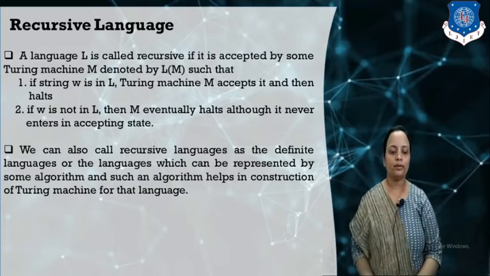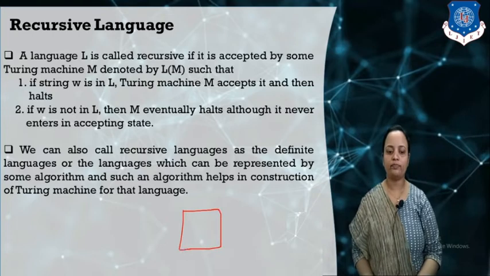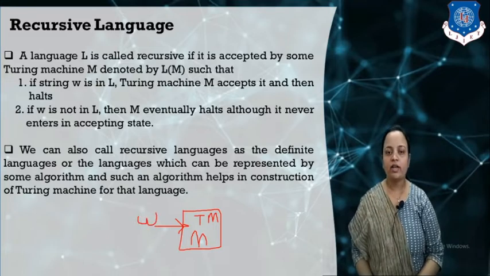So if we design a Turing machine for the language, this is my Turing machine M, and here I give an input string W, suppose. For the recursive language, what happens?